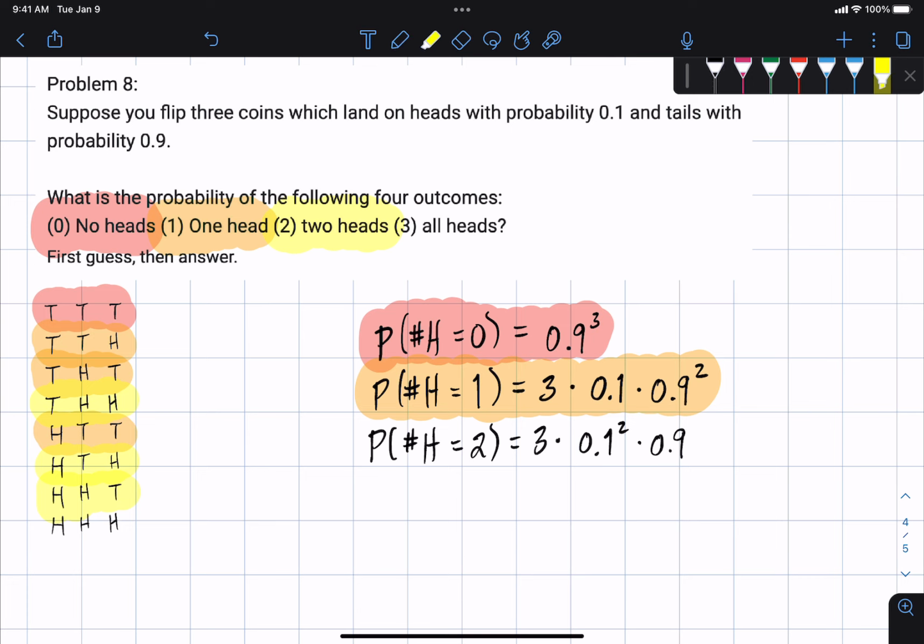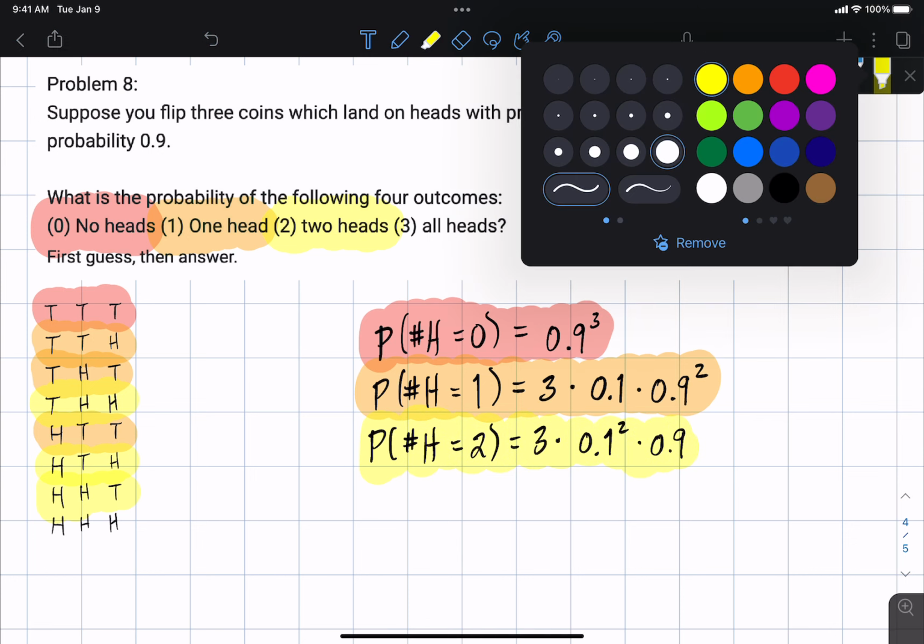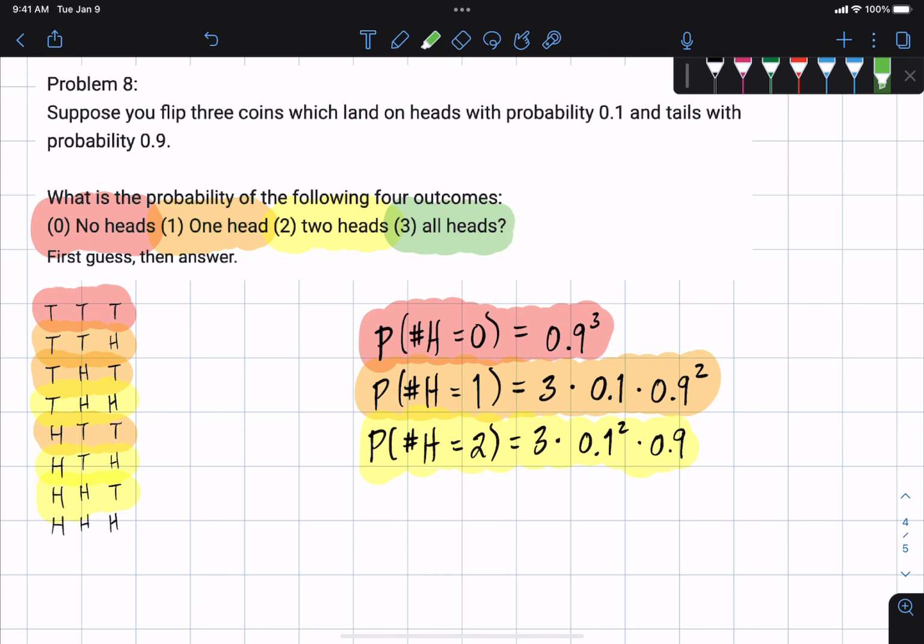That's our tail. And then lastly, all heads, sort of just like the first one, isn't too interesting. There's only one way that we can do this. There's sort of one of them, and it's going to be, maybe I'll write that 1 explicitly, 0.1 cubed.